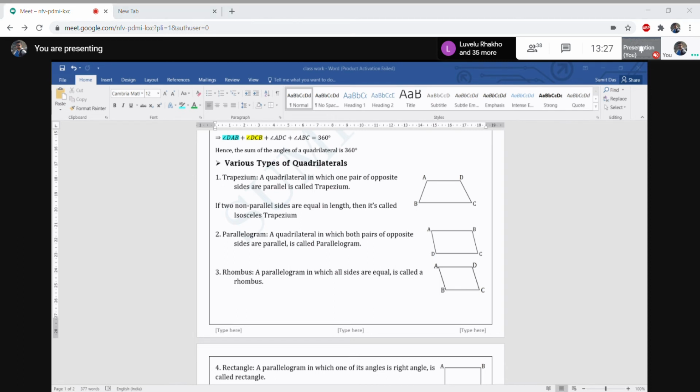In this part we will learn different types of quadrilaterals. First is the trapezium.